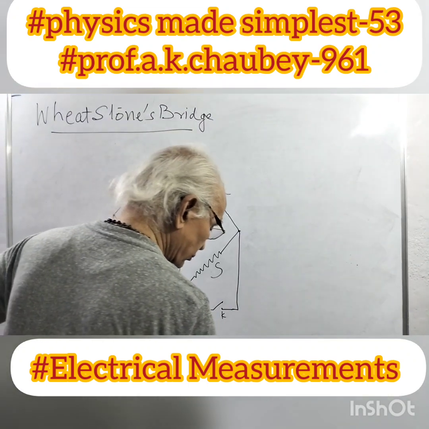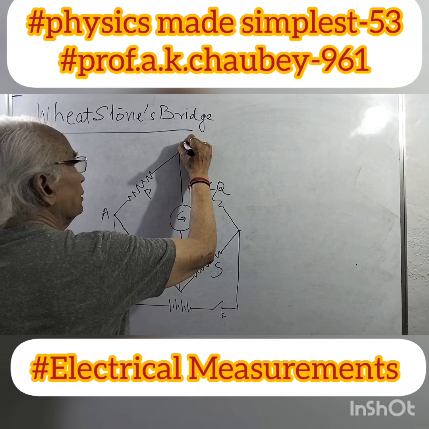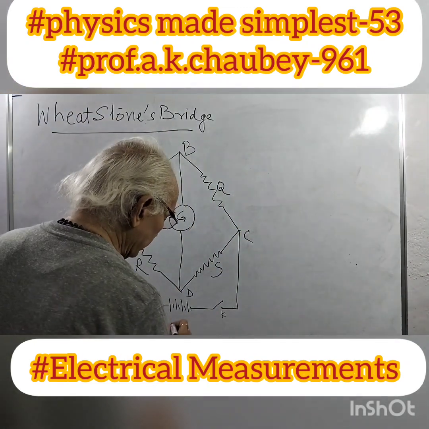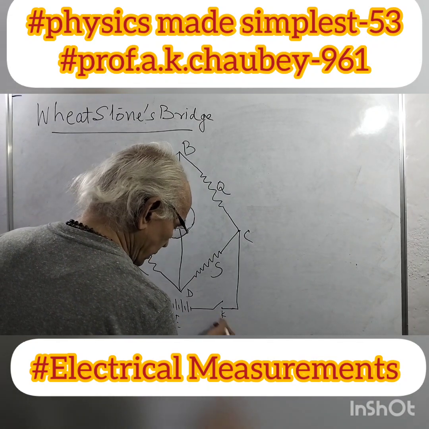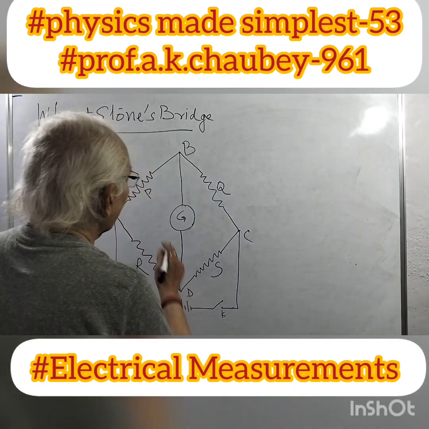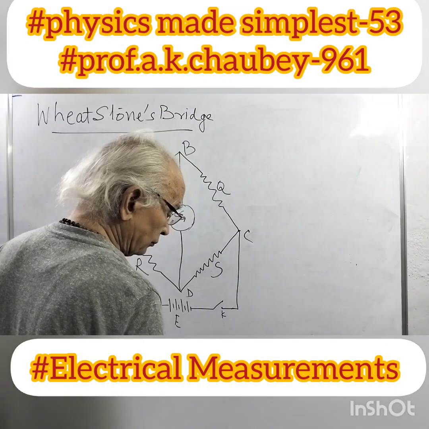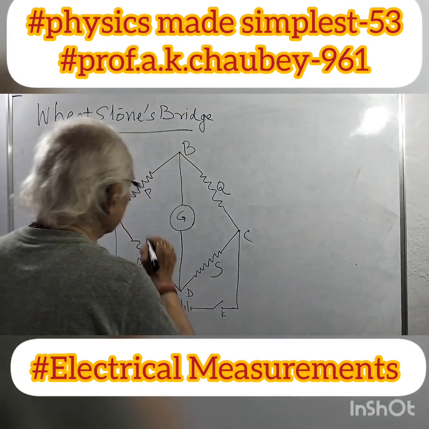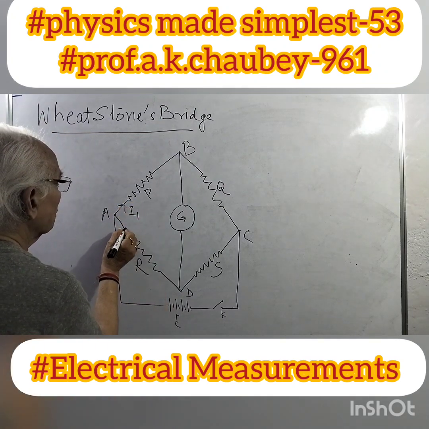So this is a circuit, say A, B, C, D, and this is a source of EMF, E. And this is the key K. And of course P, Q, R, S are the four resistances, and I have the current here. Let us say I1 current here and I2 current here.